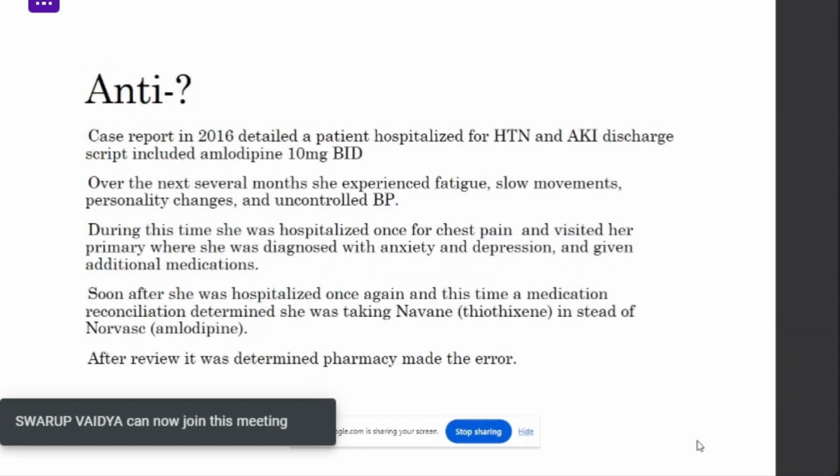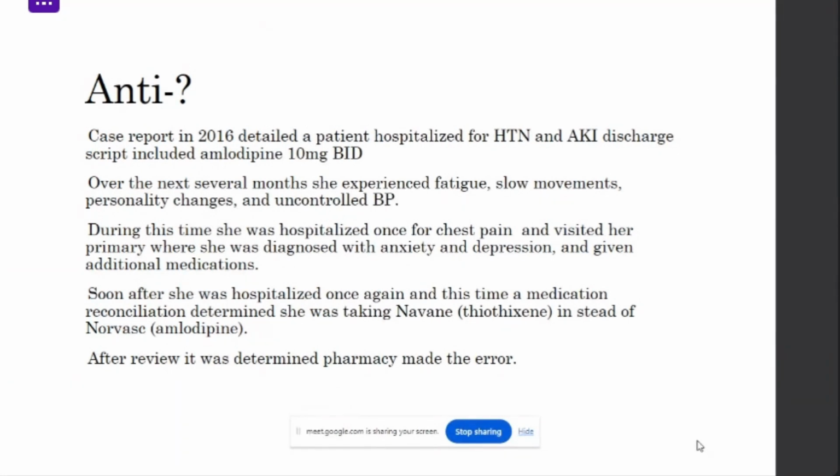So these are multiple case reports that we will see of dispensing errors causing harm to the patient. Another patient was hospitalized with hypertension and acute kidney injury and was to be given amlodipine twice daily, but the brand was a misconception, and the patient got thiotixene instead of amlodipine.